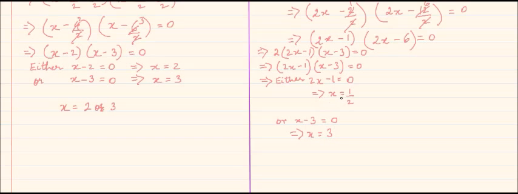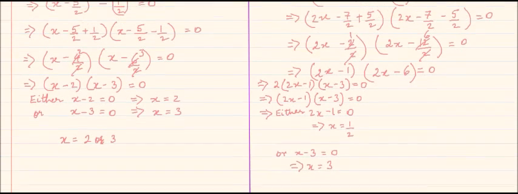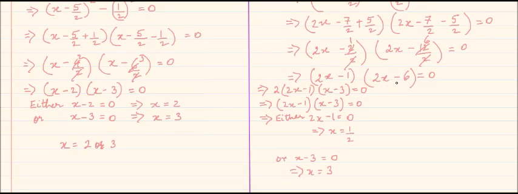So we have got the two values of x. One is x equal to half and the other is x equal to 3. But what if you do not notice that you are having a common factor.